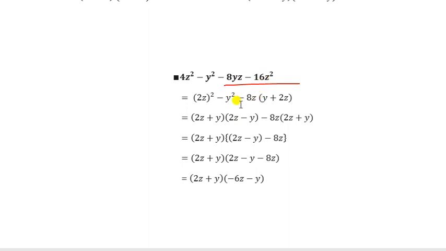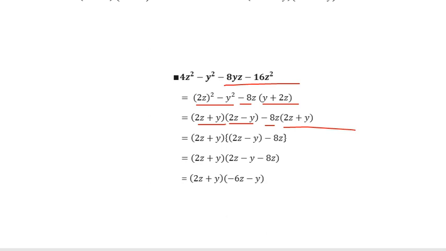So if we take −8z common, then it will be (y + 2z). Now for the first two we can use the formula a² − b², that means (a + b)(a − b), and −8z, and I just arrange it as (2z + y).